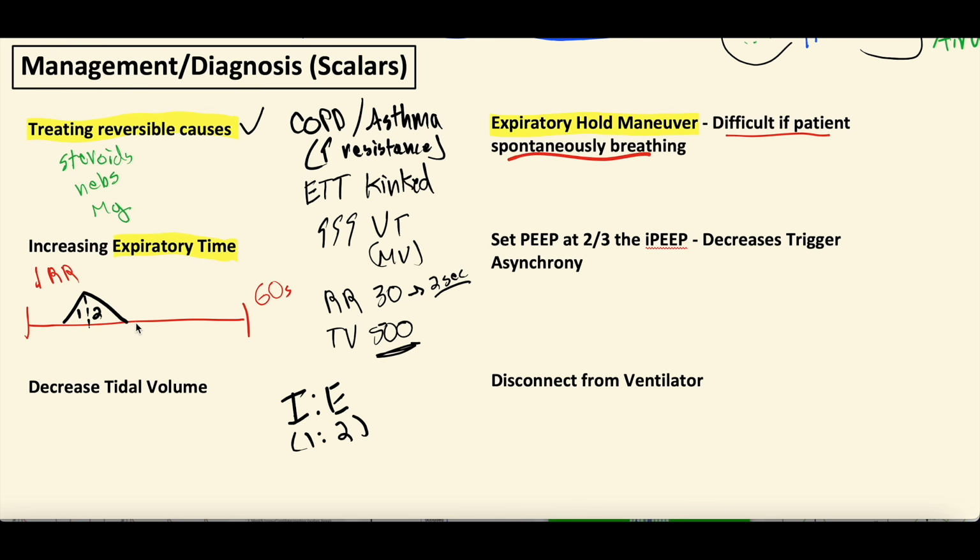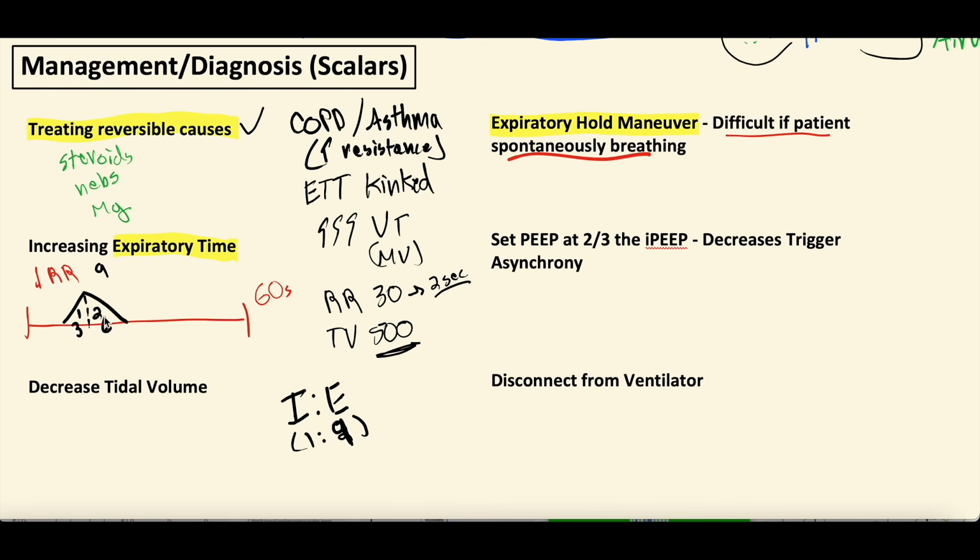So for the sake of ease, let's say they had 9 seconds to take each breath, which is unrealistic. That would mean that this is 3 seconds of time to inspire and 6 seconds time to expire. Well, if you could change this, you totally could. Again, for the sake of the example, you would never make the I to E 1 to 9, but let's say you made it 1 to 9.